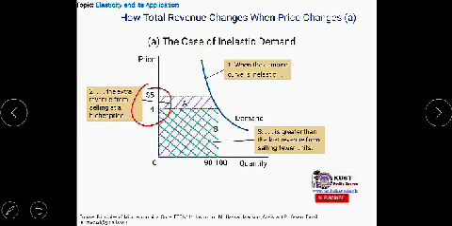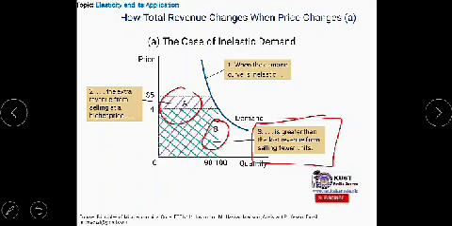So in this case, the increase in the revenue is more than reduction in the revenues. So the firm's total revenues will increase as being shown by the diagram. So this was the first case of the inelastic demand.